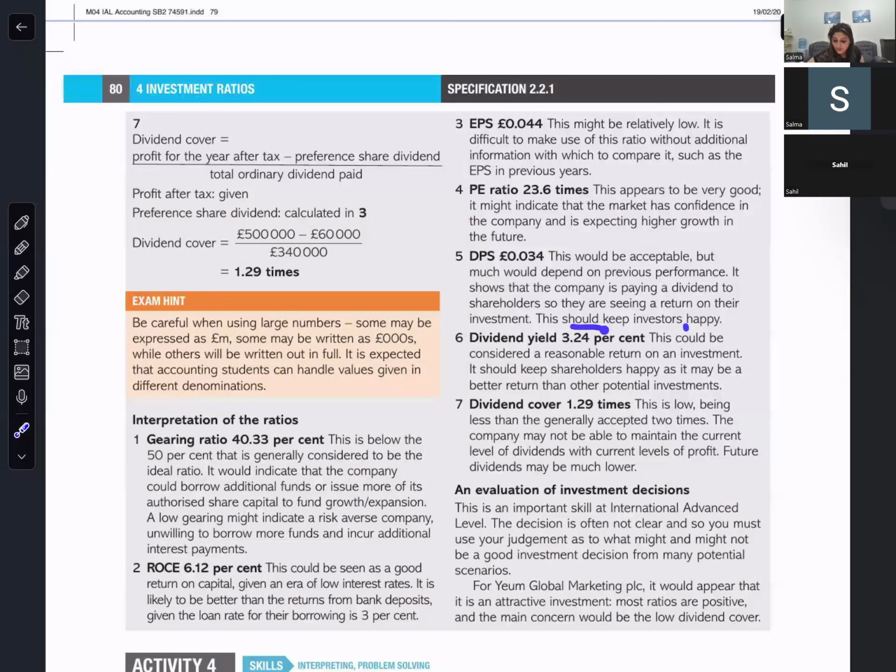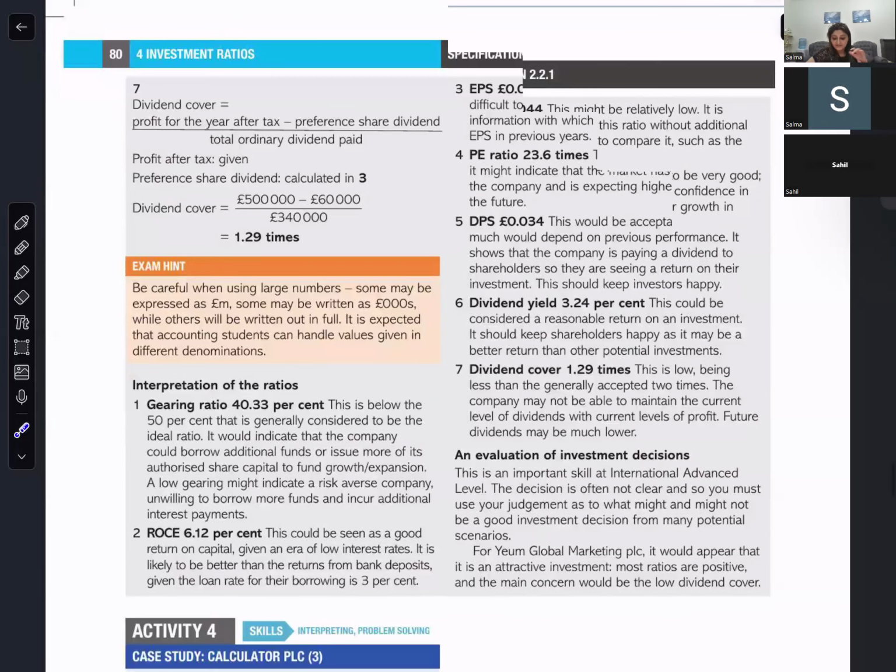Dividend yield ratio, what does it tell you? It gives you your return on investment, how much dividend the shareholders are going to receive based on what they are paying. So the shareholders are getting 3.24% of the market price on their investment.